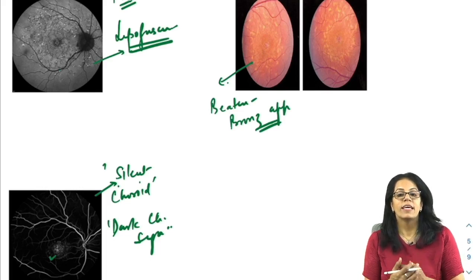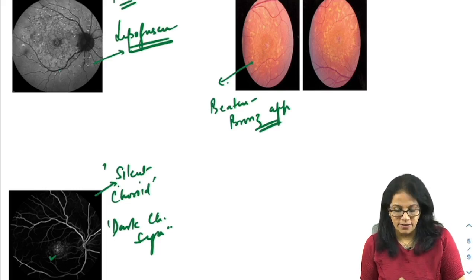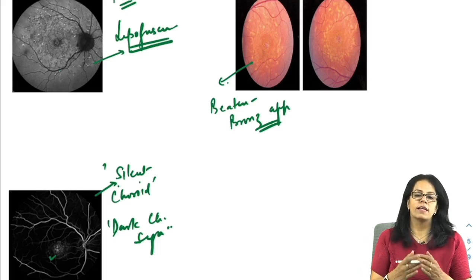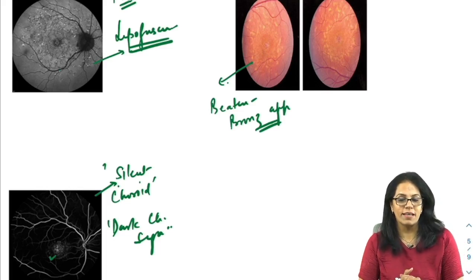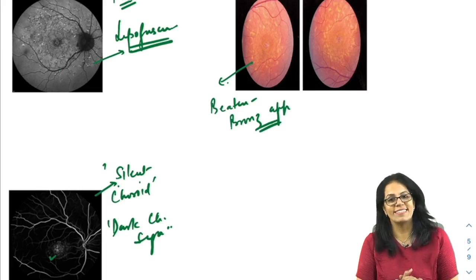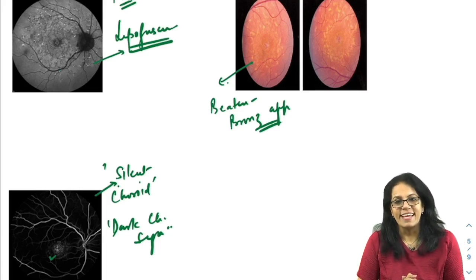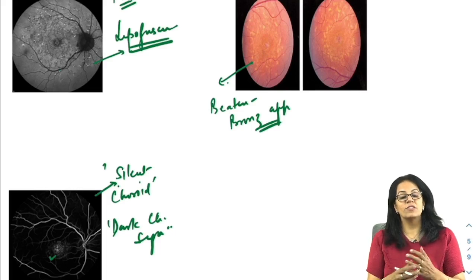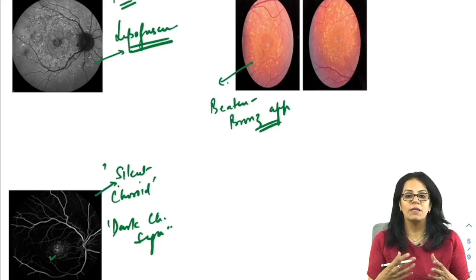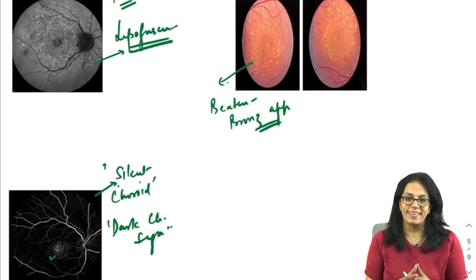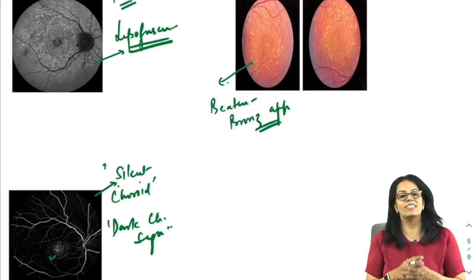We just have to avoid sunlight exposure, wear dark glasses, and all this is supportive treatment. Otherwise, no effect. And what is the main investigation we do in any retinal pigment epithelium dystrophy? It is mainly EOG, electrooculogram. We see the changes.